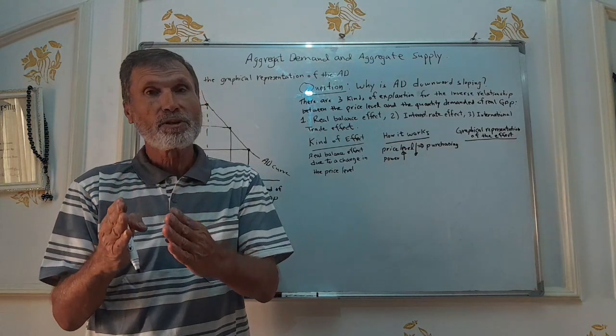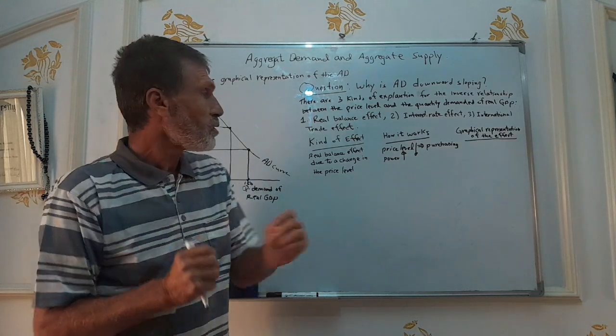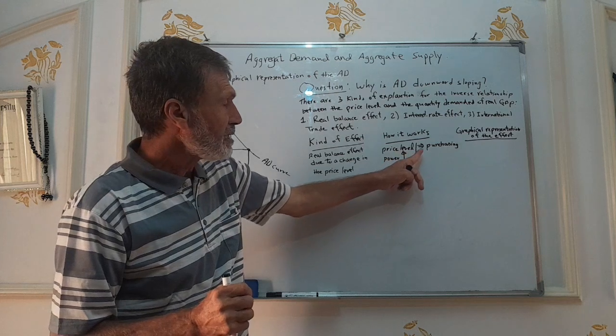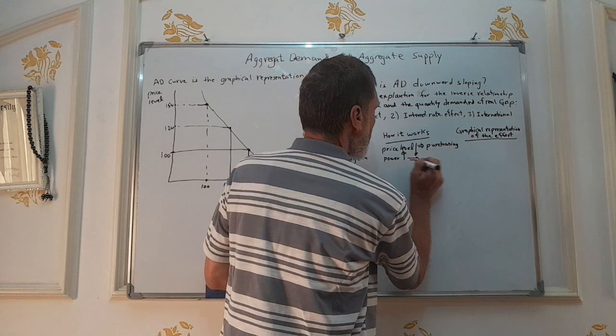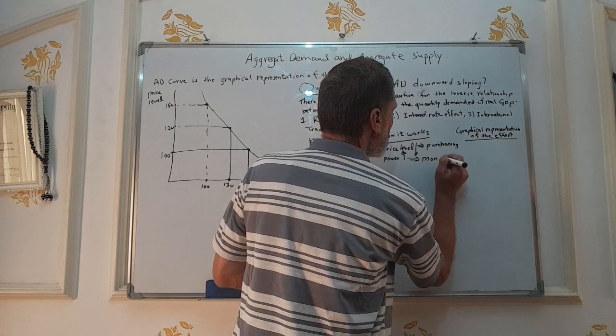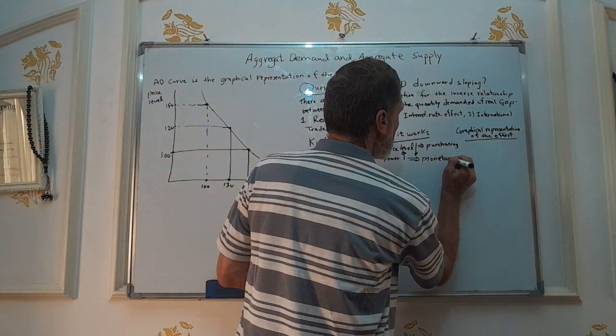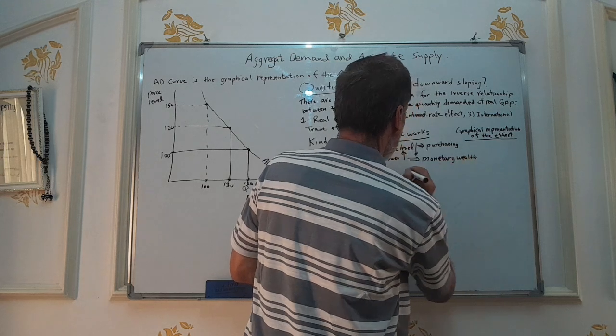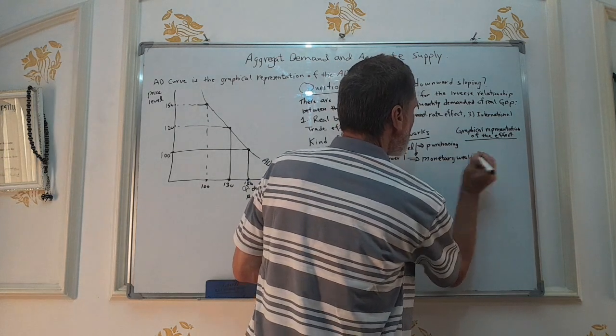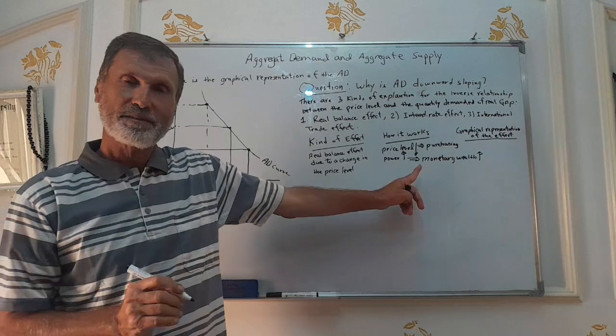He is going to purchase 20 microwave sets. So when the price level decreased, the purchasing power increased. That implies monetary wealth increased.